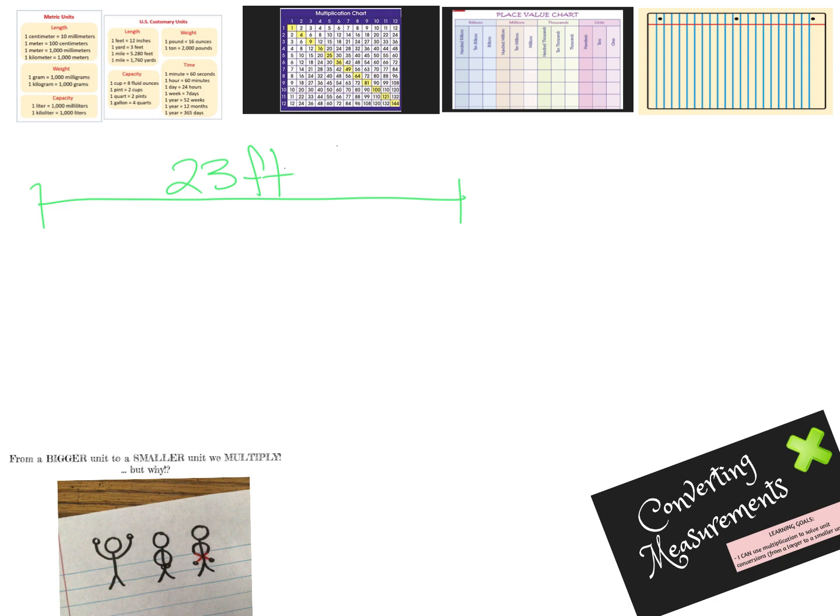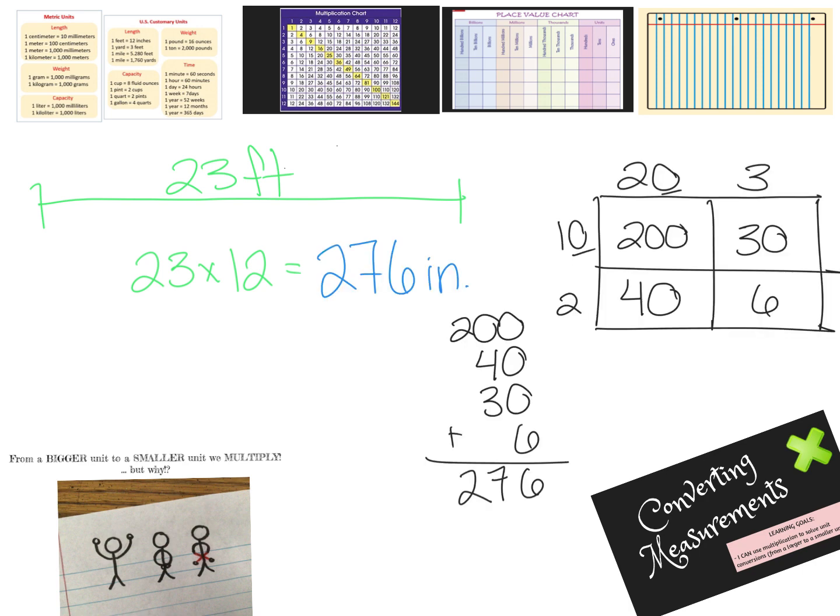Now we have 23 equal groups of 12. 23 even groups of 12 is 23 times 12. Take a moment to pause the video and solve this problem on your own. Then check your work. How did you do? 23 feet is equal to 276 inches. Take a moment and check your work.